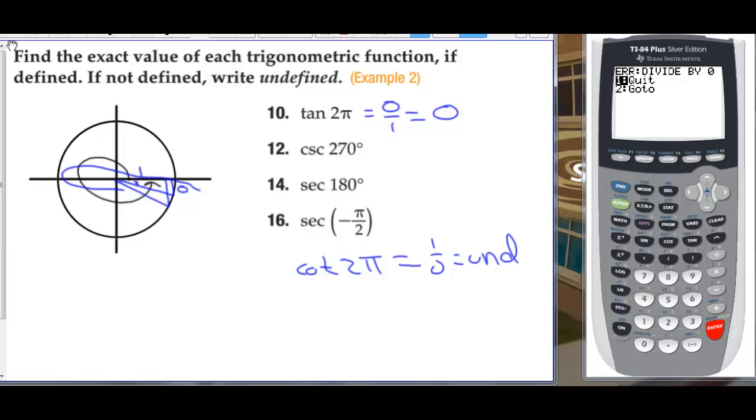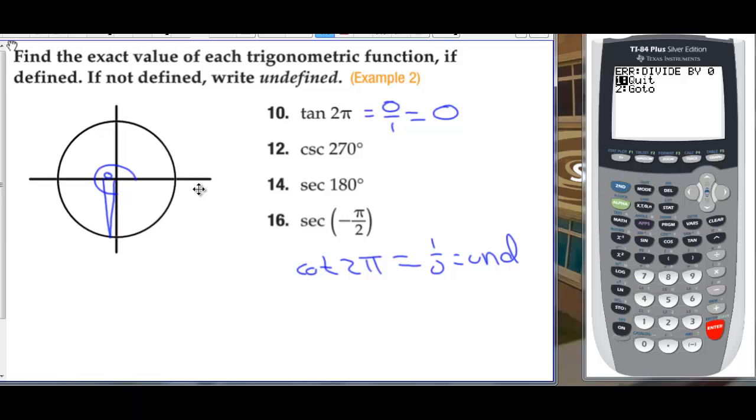Cosecant of 270. What if we draw a triangle or an angle really close to 270 and then take it to the nearest x-axis right there? This side is getting dangerously close to 0.